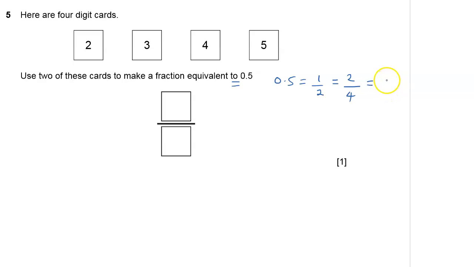This is also the same as 1 times, let's say, 3 gives us 3. 2 times 3 gives us 6. So these are all equivalent, and therefore we have a 2-digit card and we have a 4-digit card. So the 2 cards that can give us a fraction equivalent to 0.5 are 2 and 4.